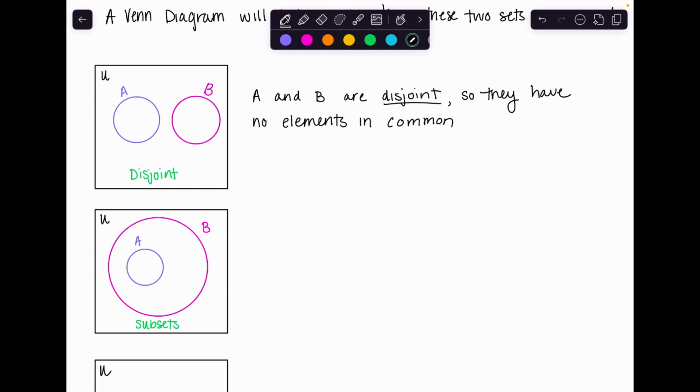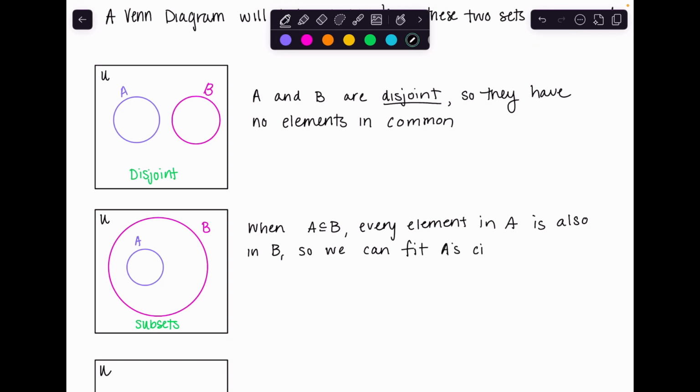Okay. So when A is a subset of B, every element in A is also in B. So what we do is we can fit A's circle completely inside B. Okay.